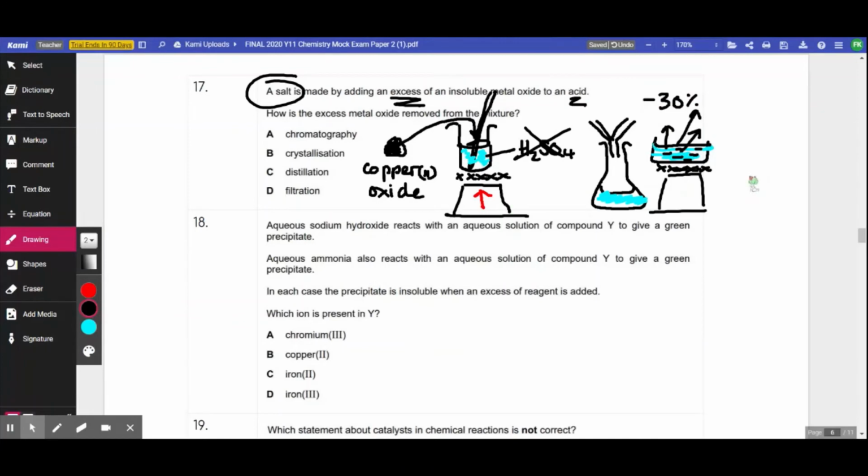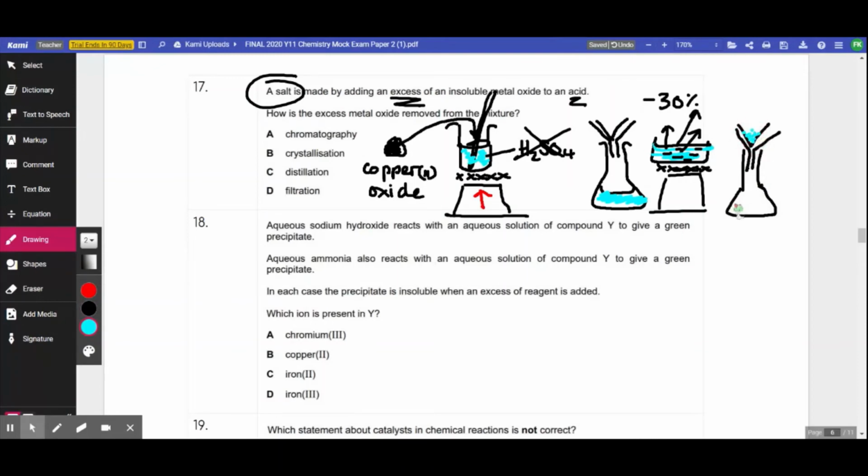And then you can filter it back, and what you end up with are blue crystals. Those blue crystals can be patted dry using a paper towel. Don't forget that last point.